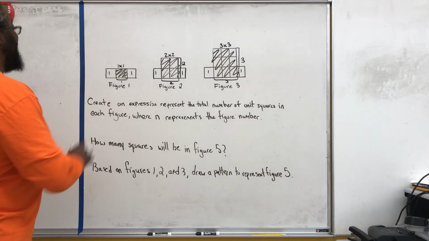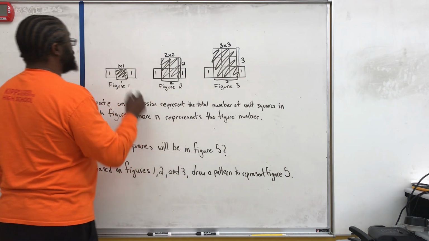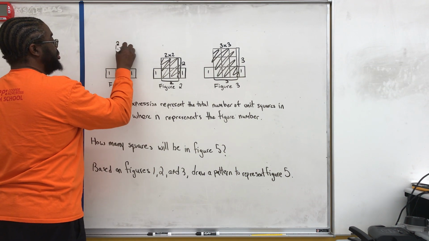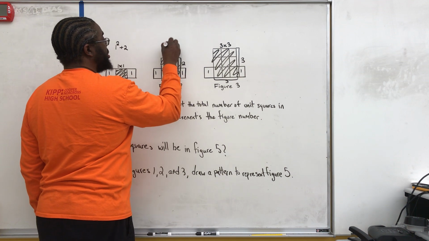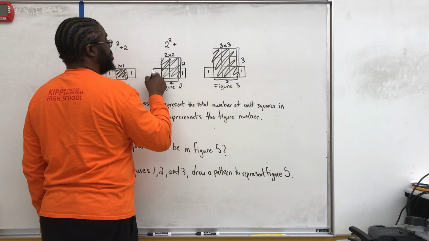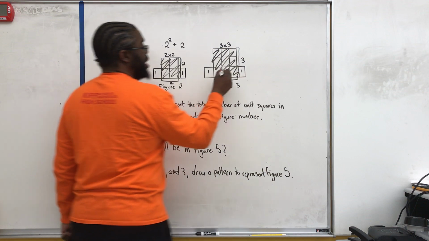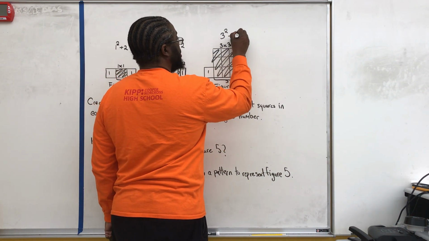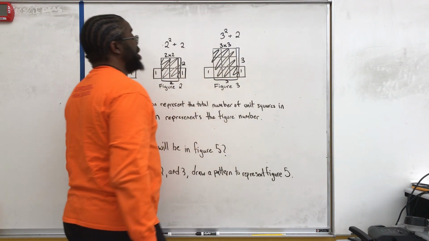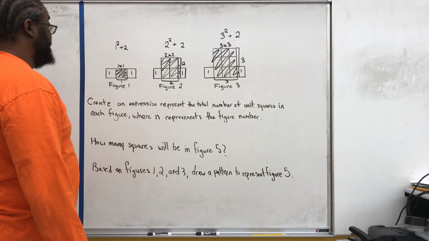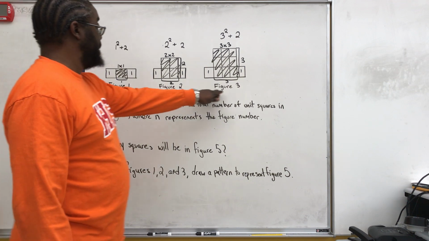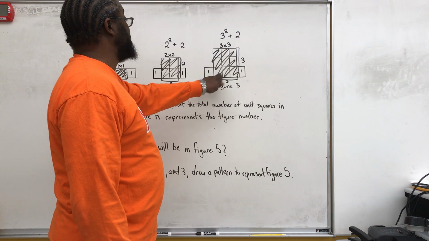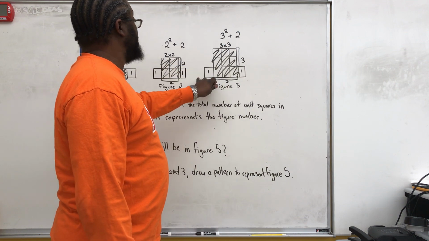All right, and then I add 2 on the outsides. So this looks like this was 1 squared plus 2. And this was 2 squared plus 2. And this was 3 squared plus 2. All right, it's starting to make sense. So, depending on the figure, that's how many units I've got: the figure number squared, plus 2.